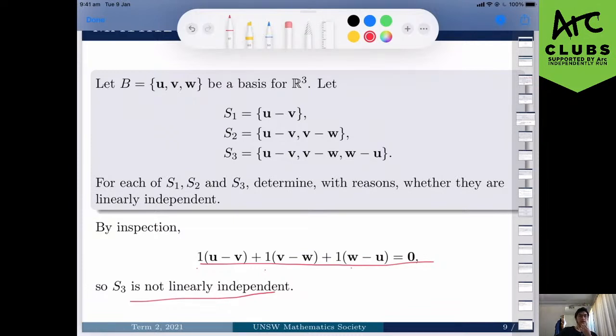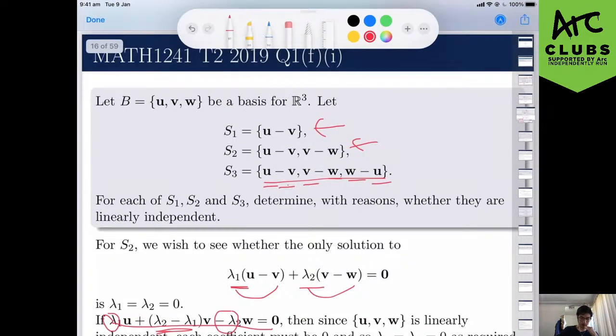If you were just doing this for the first time, then you might try the same approach as the other ones, because I don't think it's extremely obvious that it's not linearly independent, especially if you've done the first two and you just want to get the third one done. In that case, you'd get something similar to that, but you'd get lambda 2 minus lambda 1, lambda 3 minus lambda 2, and lambda 1 minus lambda 3 or something.